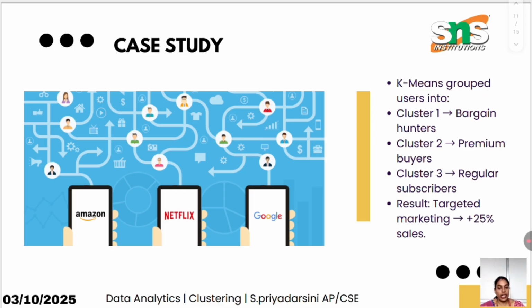With this targeted marketing, sales increased by 25%. That is the business impact of clustering. By clustering these customers into a few small clusters, sales increased by 25%. This is the power of clustering.